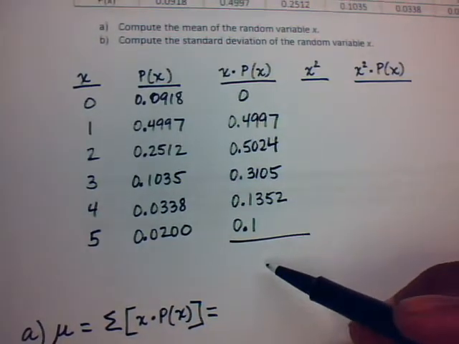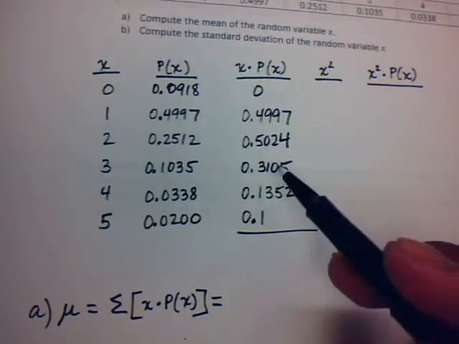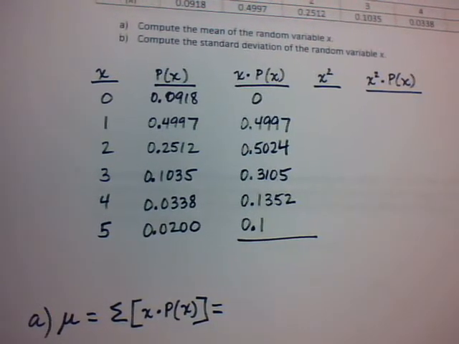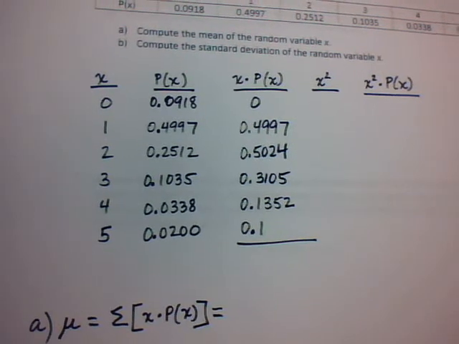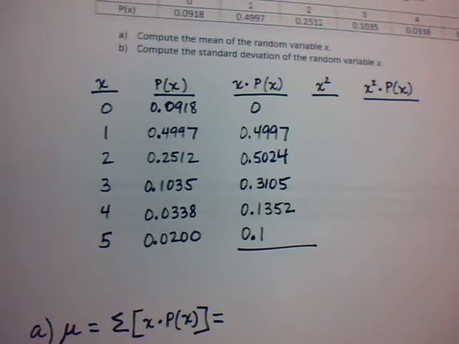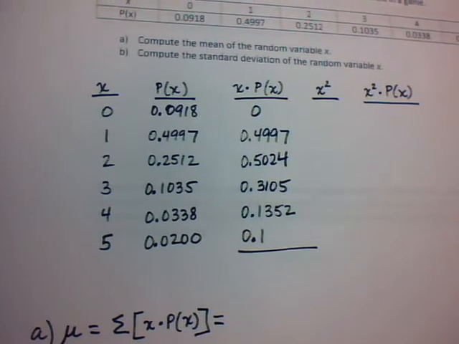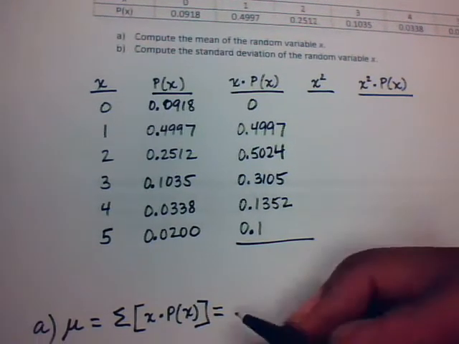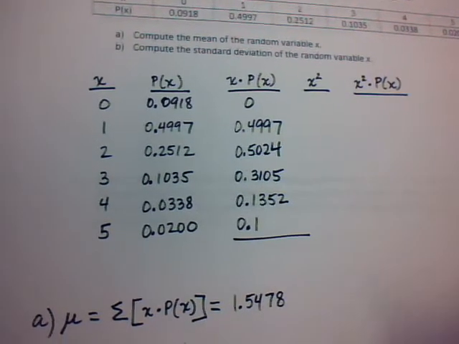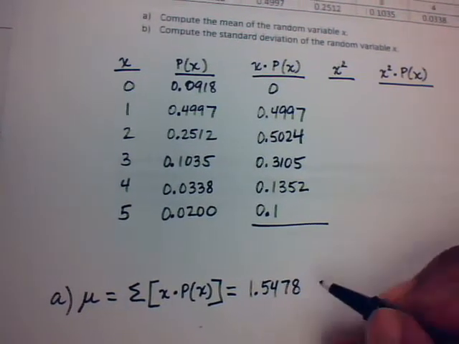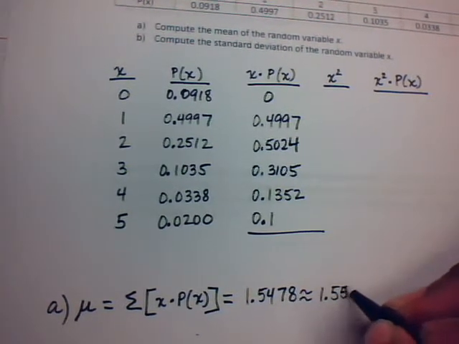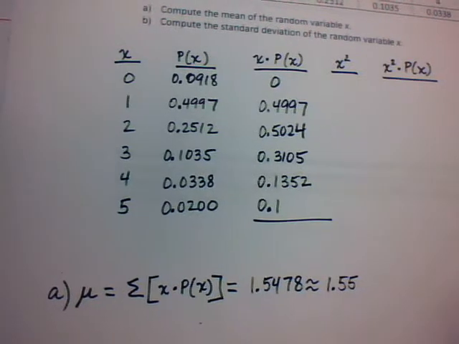That will give me the sum, the answer for part A. So 0.4997 plus 0.5024 plus 0.3105 plus 0.1352 plus 0.1 would be 1.5478. And I will ask you to round to 2 decimal places, so this will be 1.55 for the mean.